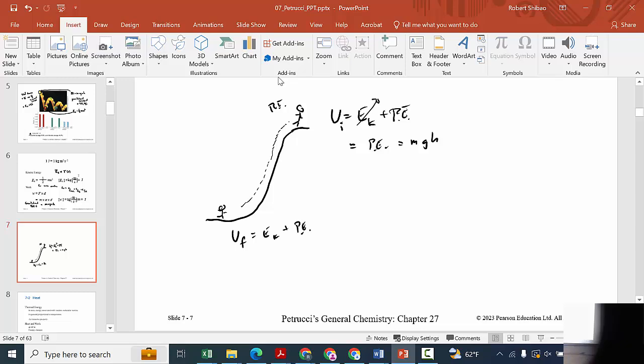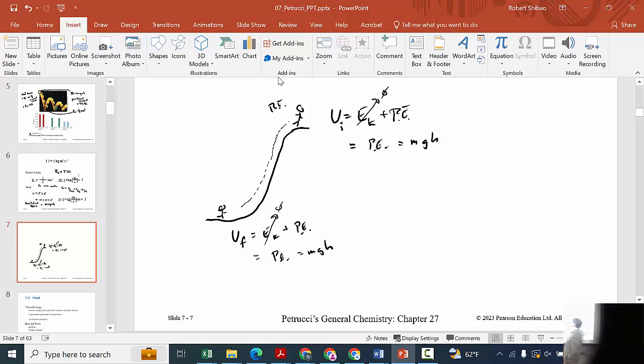And let's say you stopped at the bottom of the slide. If you stopped at the bottom of the slide, then what is your kinetic energy? Again, it's going to be 0. But what is your potential energy? Your potential energy is going to be mgh.